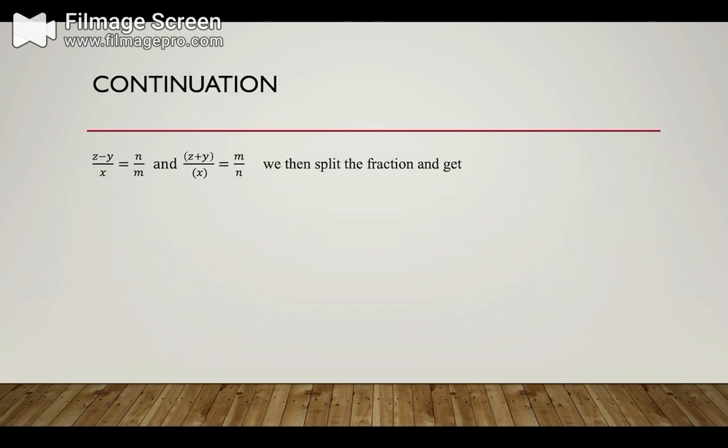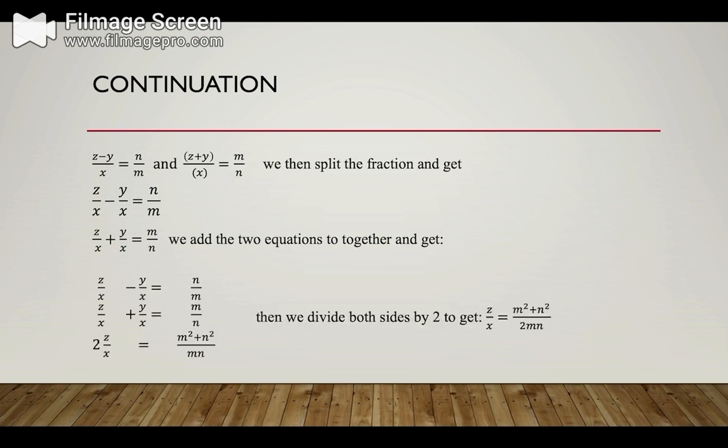Now that we have our two equations, we're going to split open the fractions, and we're going to get z over x minus y over x equals n over m, and z over x plus y over x equals m over n. Now we're going to add our two equations together, and this is going to be the result.